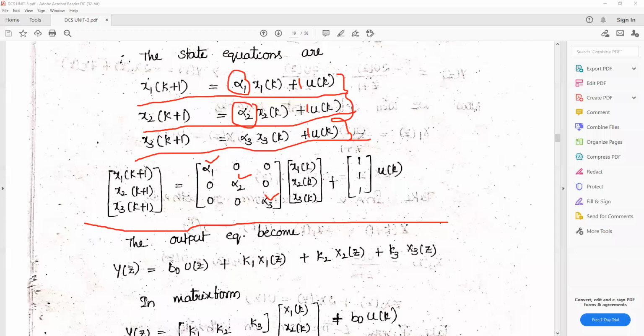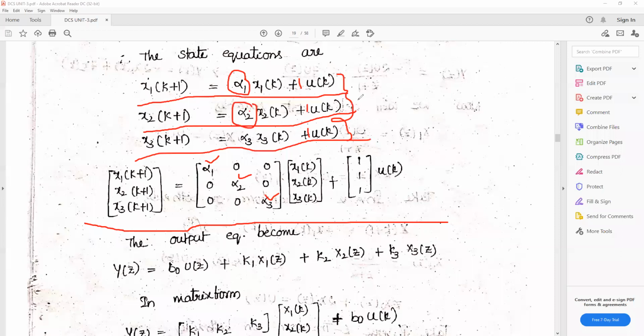So we apply partial fractions on this equation: a by the first root z plus 1, plus b by the second root z plus 2.